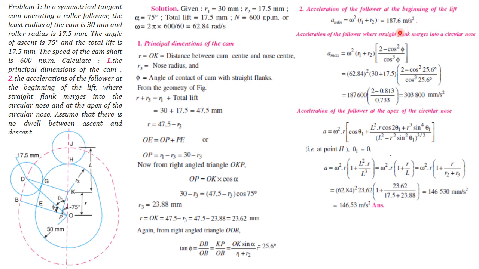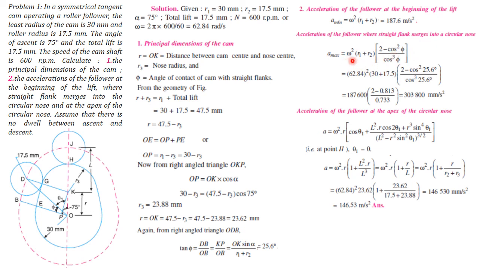Now the second acceleration that we have been asked to find is at the position where the straight flank merges into the circular nose, that is at point G.